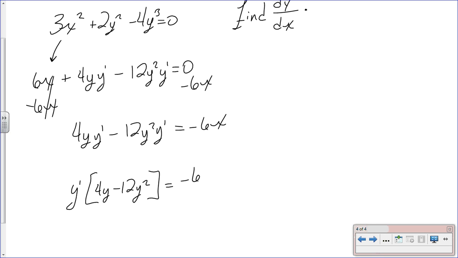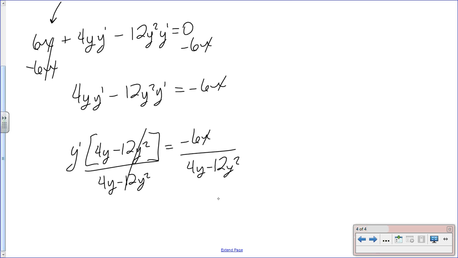So y prime, and then you're left with 4y minus 12y squared, equals negative 6x. Divide off the 4y minus 12y squared. So that means that y prime equals negative 6x over 4y minus 12y squared.